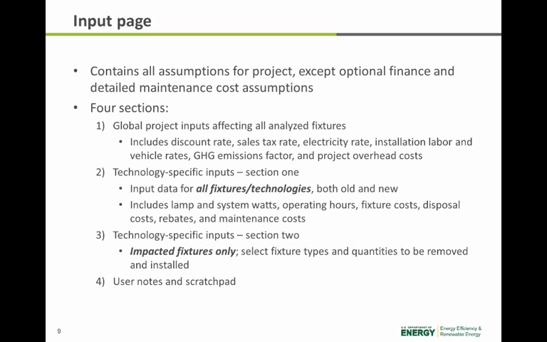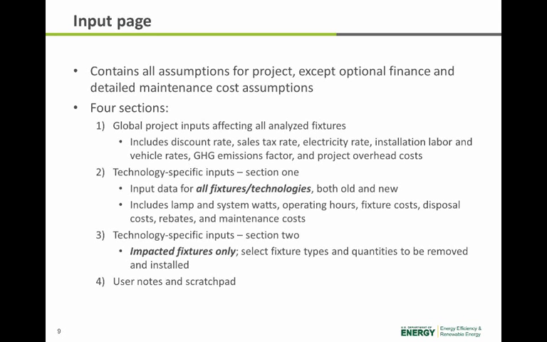Further below that section is where the user specifies information for the impacted fixtures associated with this project only. And you select the fixtures to remove, the fixtures to replace, or the replacing fixtures, and then you specify the quantities. And finally, there's what I call a user notes and scratchpad area.